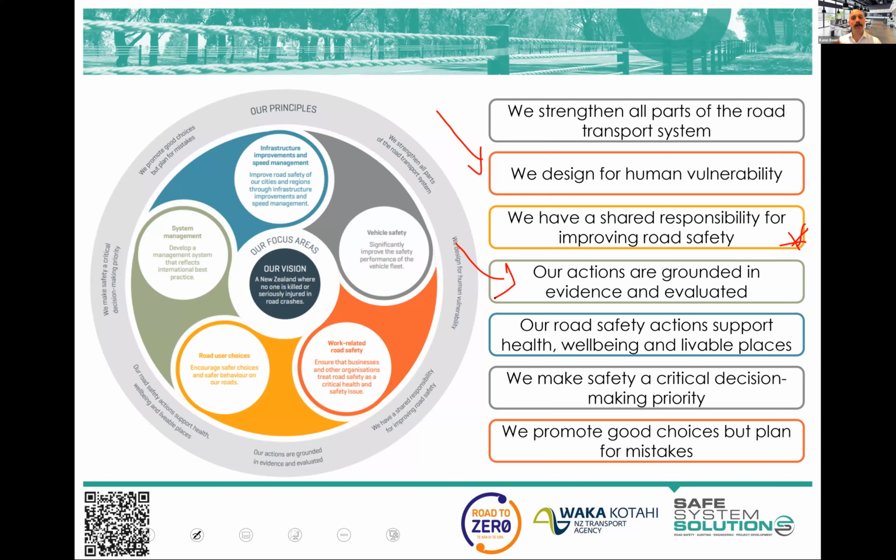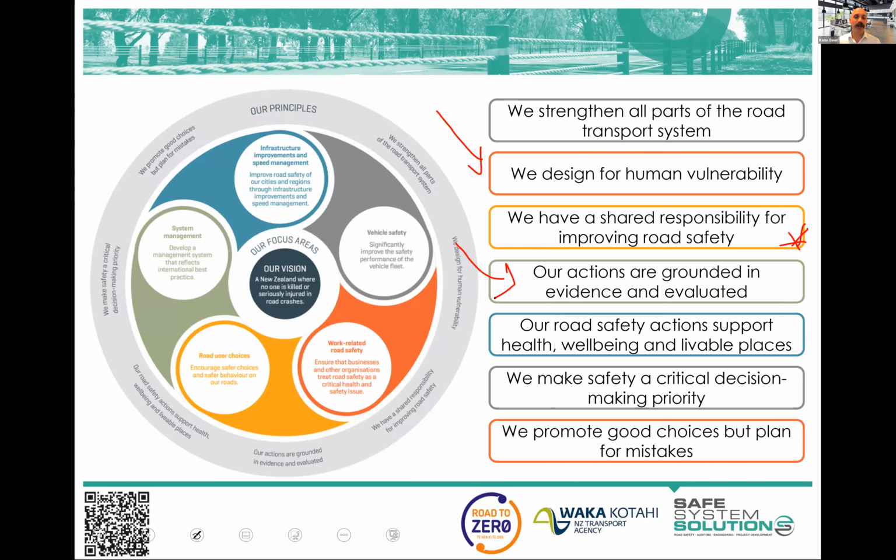Now, sometimes your judgment and your ideas can be beneficial and assist that, but we really have to use research and evidence. And there are so many myths and ideas in the community about road safety that are just absolutely counter to what the research and evidence shows. And I'll show you some of those shortly.